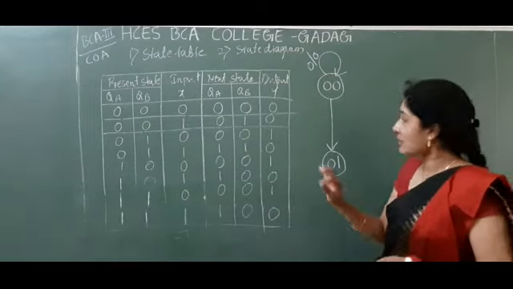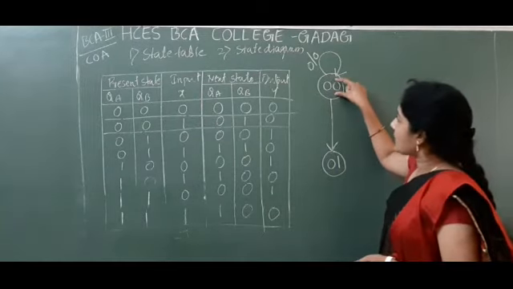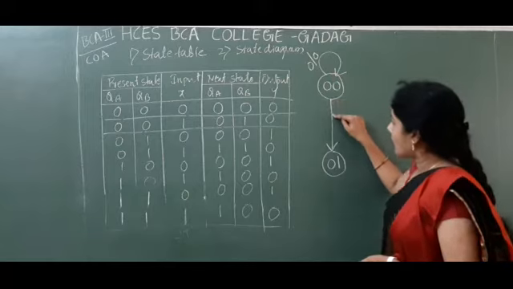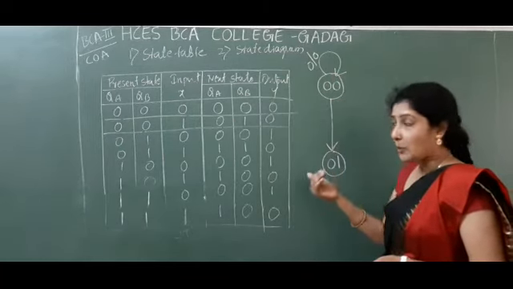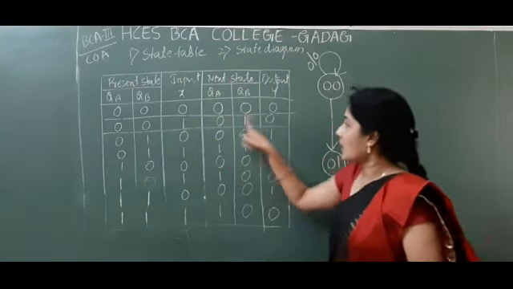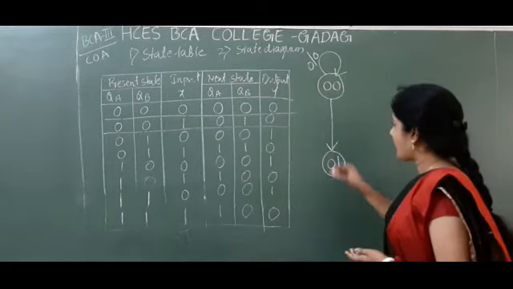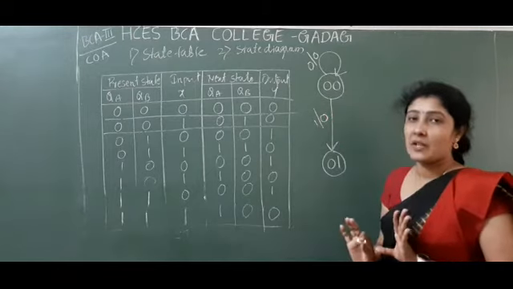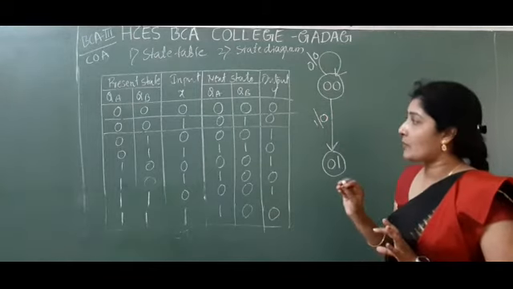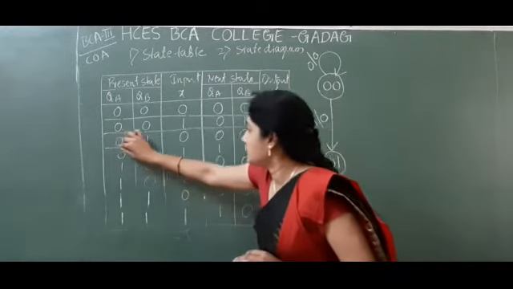What does it mean? It means when the present state is 0, 0, the next state is 0, 1. For what input and output? Input is 1, output is 0. So input is 1, output is 0. This is very simple to draw.